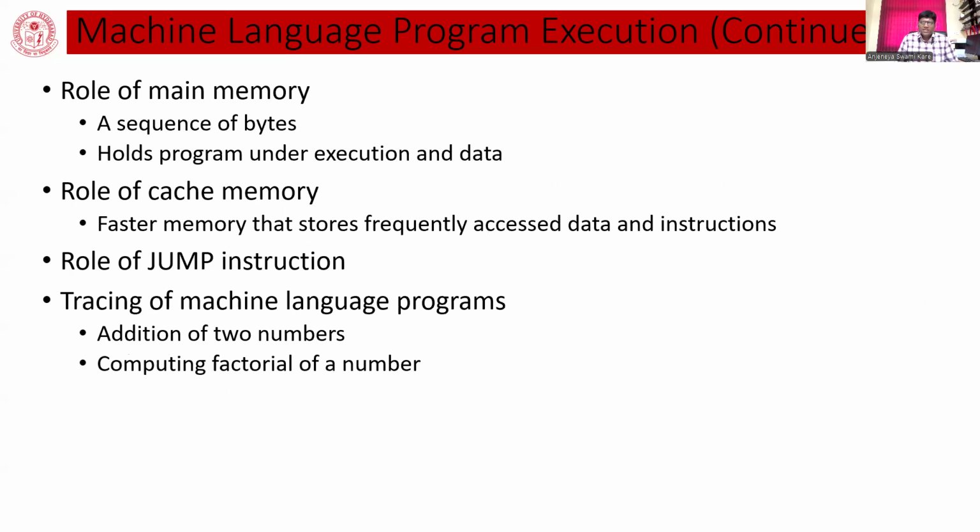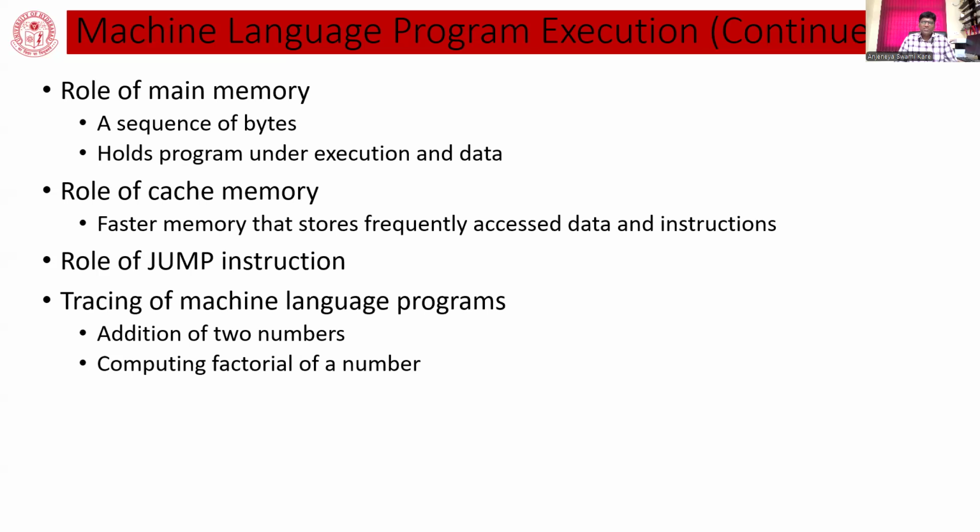So let us see the role of different parts of the computer in executing machine language programs. The role of main memory: your program is stored in a secondary storage device like a hard disk or pen drive or USB drive, and when you try to execute your program, it will be brought into the main memory. What is main memory?